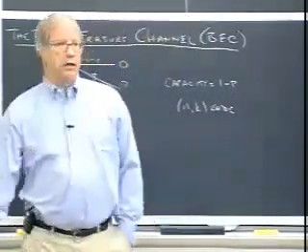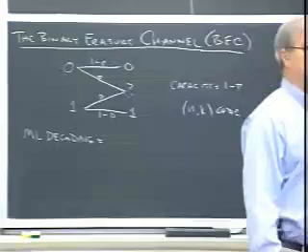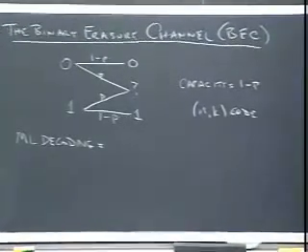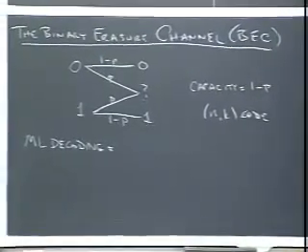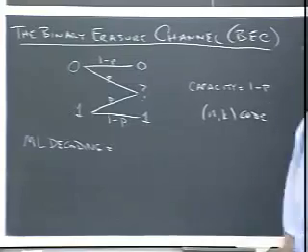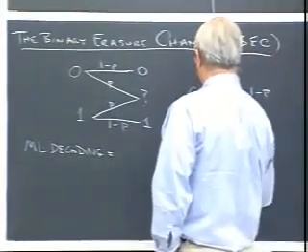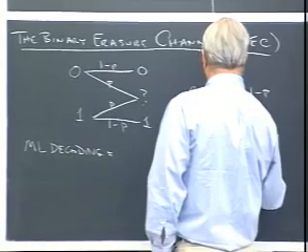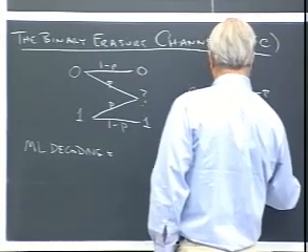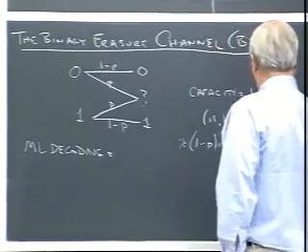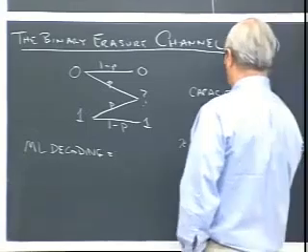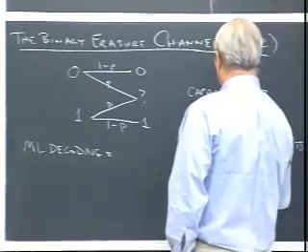About pn bits are going to be erased. By the law of large numbers, we're going to get approximately (1 minus p)n unerased bits, and this has to be clearly greater than k.